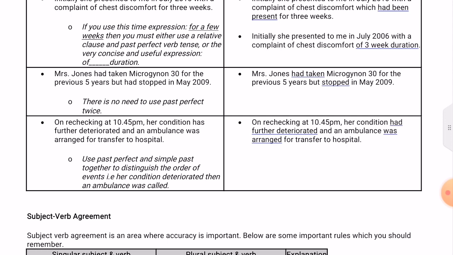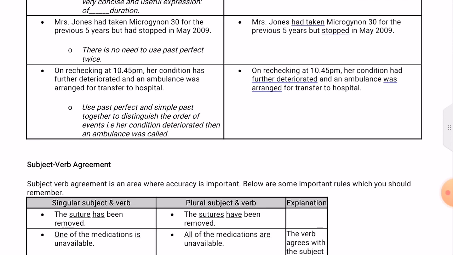Ambulance was arranged for transfer to hospital. Use past perfect and simple past together to distinguish the order of events. For example, her condition had deteriorated, then an ambulance was called.